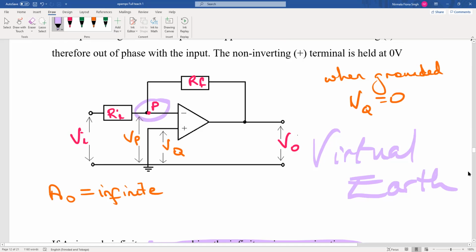And why would our voltage at P be 0? Because my voltage passed through a large resistor, Ri, which is usually large. All the resistors in these circuits are large, 10,000, 100,000 ohms up to megaohm resistors. So when my voltage passes through my Ri, I'm going to go from a really nice big signal, not even a very big, pretty big signal.